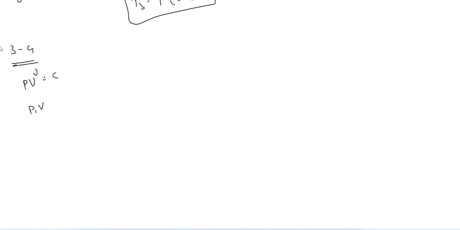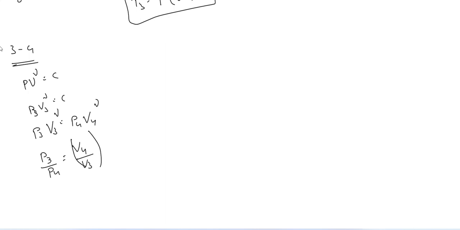P3 V3 power gamma equals constant. Then P3 V3 power gamma equals P4 V4 power gamma. In the same way, P3 by P4 equals V4 by V3 whole power gamma.